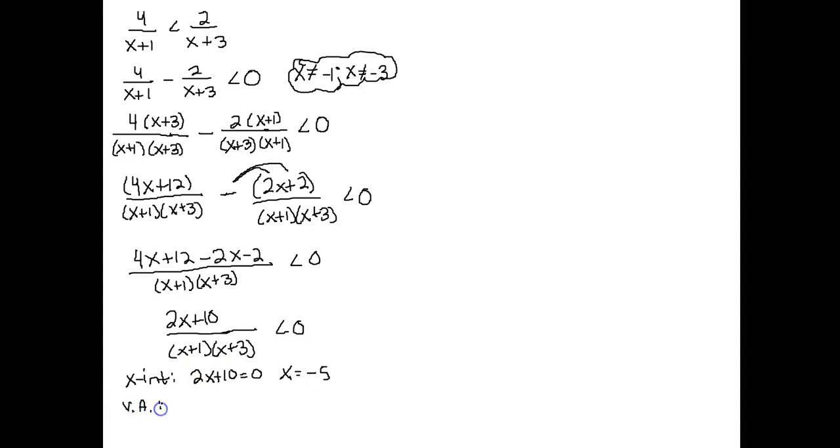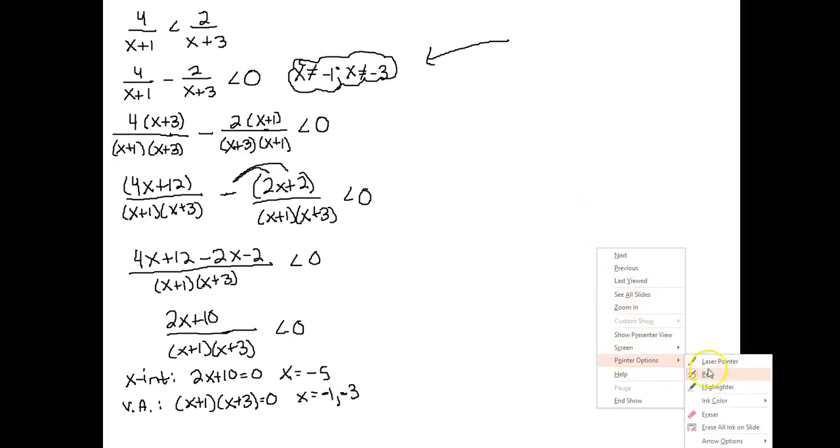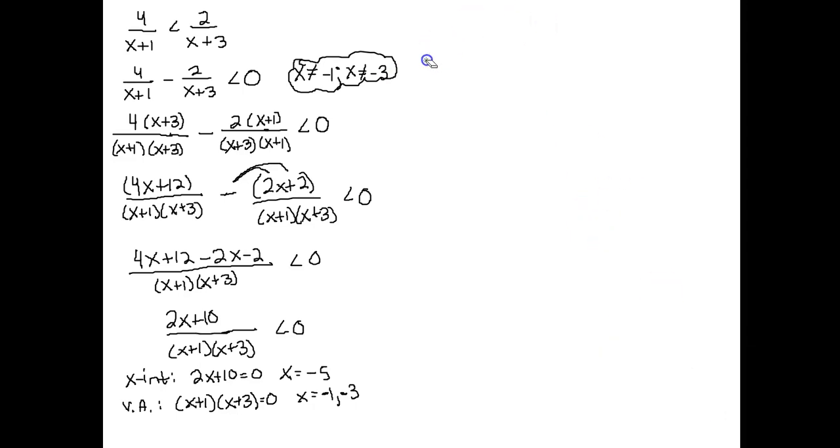And where x plus 1 times x plus 3 equals 0, that would give us our vertical asymptotes, so that would be at negative 1 and negative 3. Your behavior can change depending on which side of those you're on.